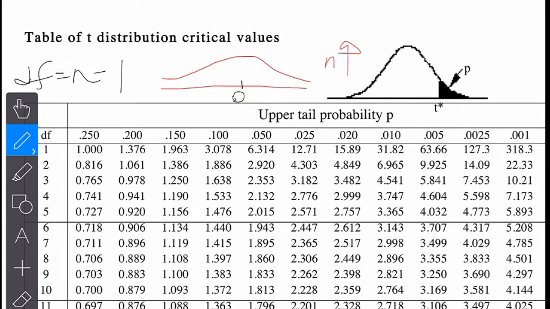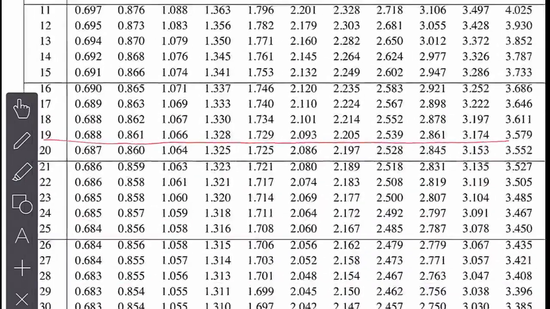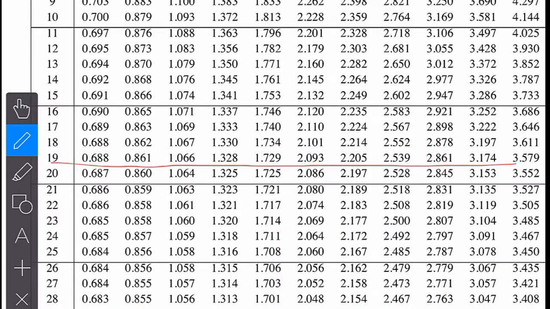And according to the drawing above, this is providing you the threshold, the critical value, associated with the probability at the top.